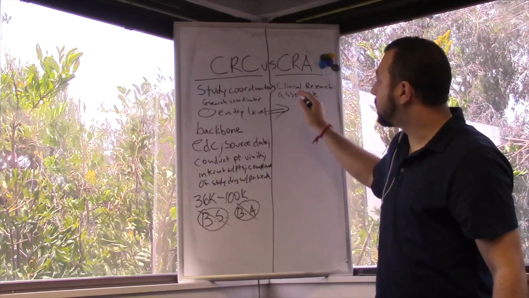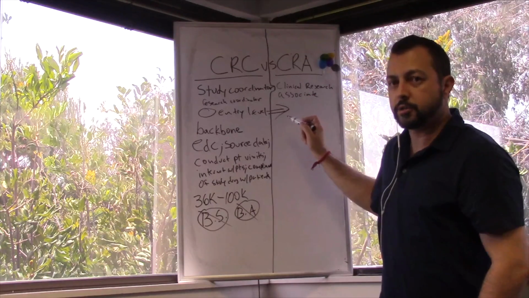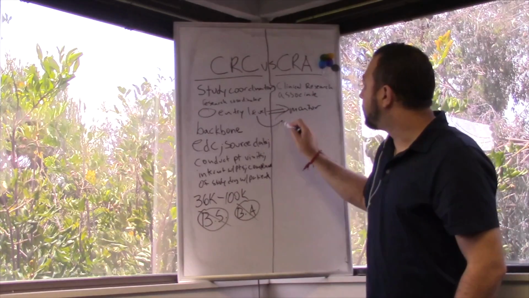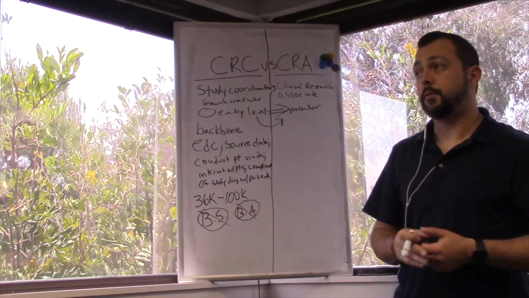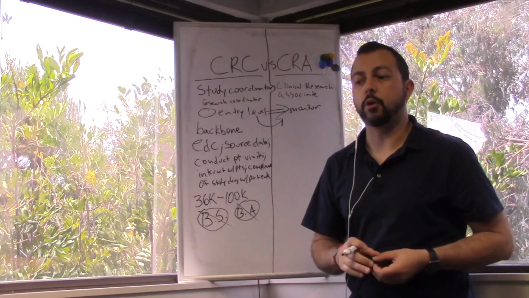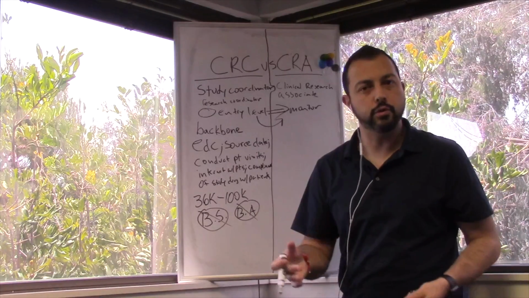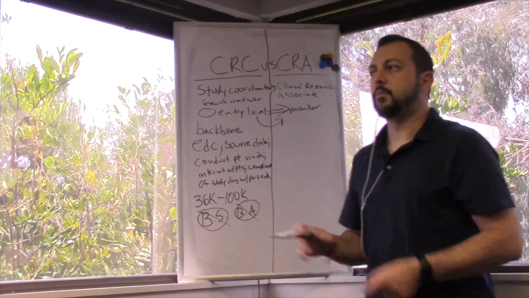The CRA is a clinical research associate, also known as a monitor. Again, there are some entry-level CRAs, but it's not common. Most of the time, if you go on any job board, you're going to find that they require at least a year or 2 years of experience to be a CRA.